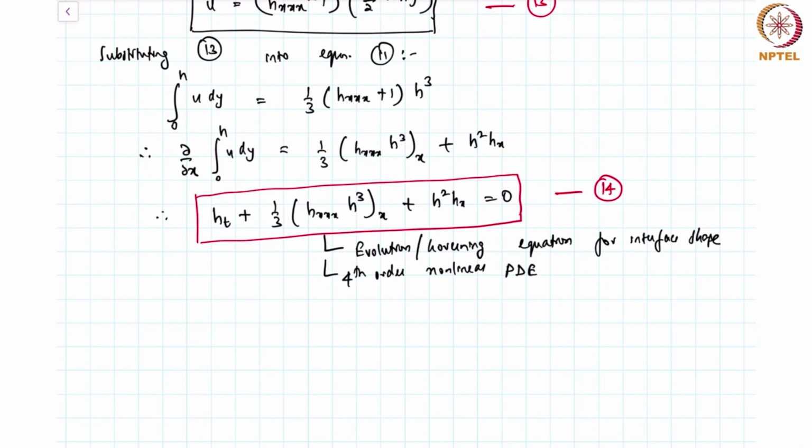Remember, it's a PDE because we have variations in time and x, so it means a fourth order PDE, and we have 4 boundary conditions required in x and 1 initial condition in time. So that means I need to specify the initial shape of the interface at t equal to 0. That's my initial condition because we have a time derivative and we have 4 spatial derivatives.